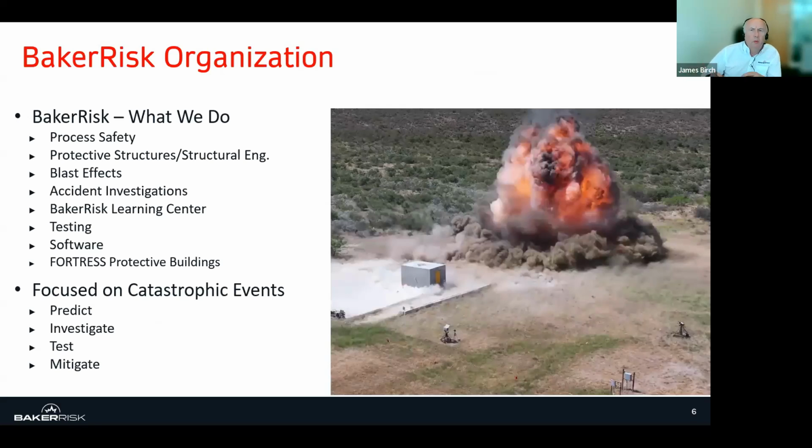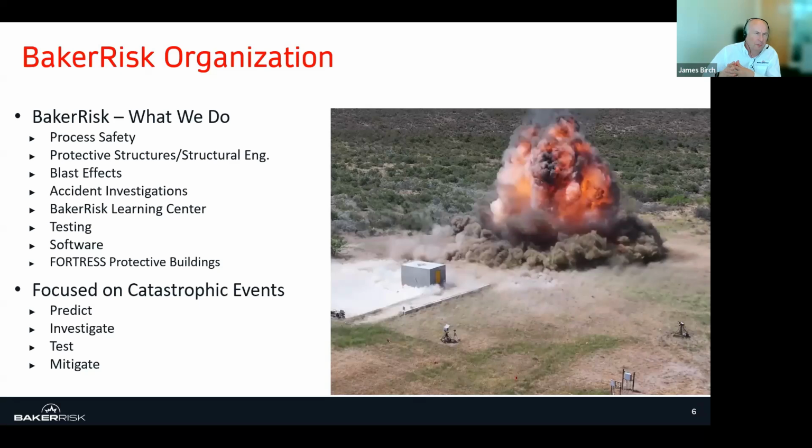And what do we do? We cover process safety. We have a strong presence in protective structures and structural engineering, which covers blast effects, damage to buildings. We provide accident investigation services. We have a training center. We have testing capability. We have our own software development group.